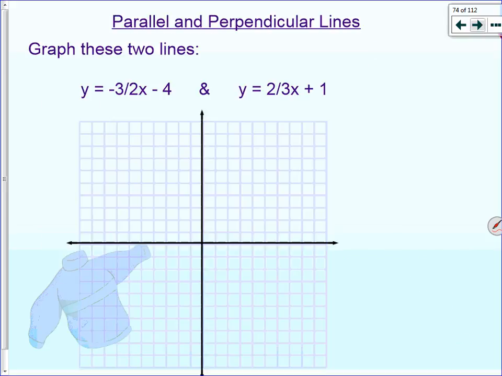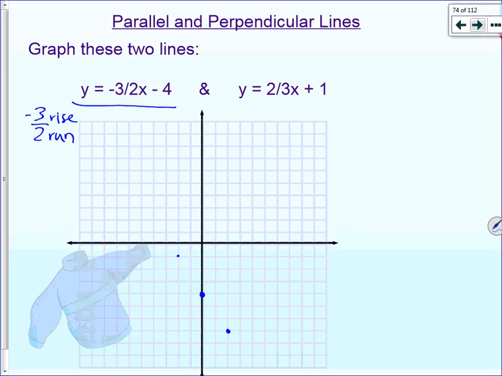Let's look at these two lines. I'm going to graph this one. This one has a y-intercept of -4, so 1, 2, 3, 4 down. And then my slope is -3/2. So my rise is -3, my run is 2. So from here, I'm going to go down 3 and over 2.